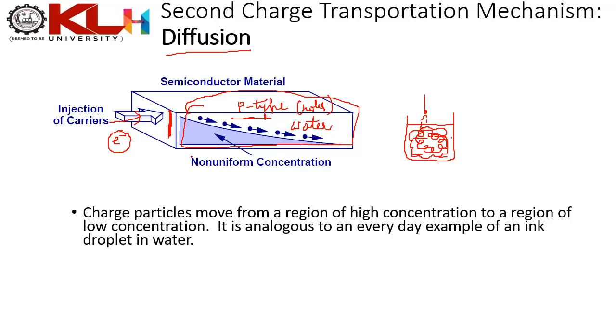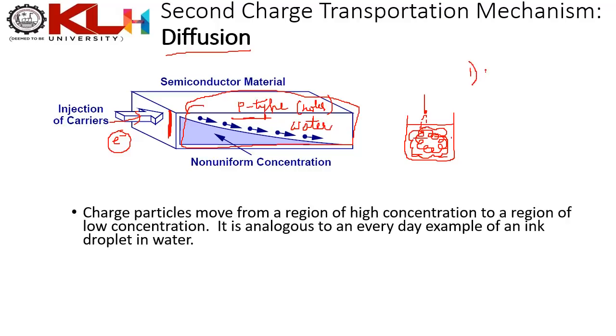So the electron becomes your ink droplet, and the holes of this p-type material become the water molecules, and then diffusion immediately takes place.